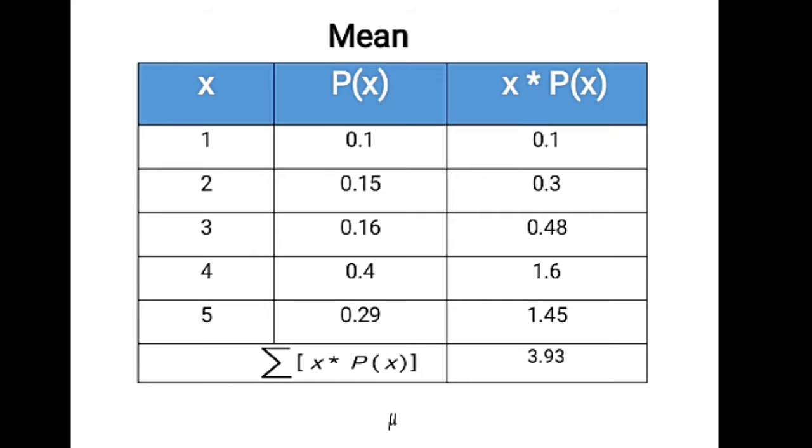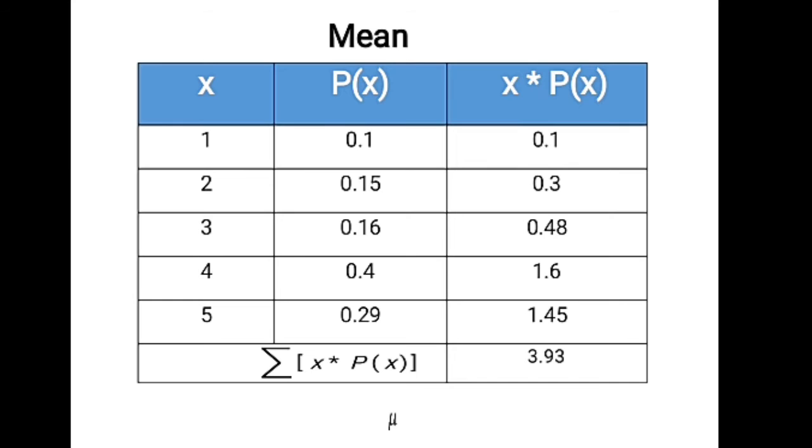We have the x, the number of additional employees, and the corresponding probabilities: 1 has 0.1, 2 has 0.15, 3 has 0.16, 4 has 0.4, and 5 has 0.29.